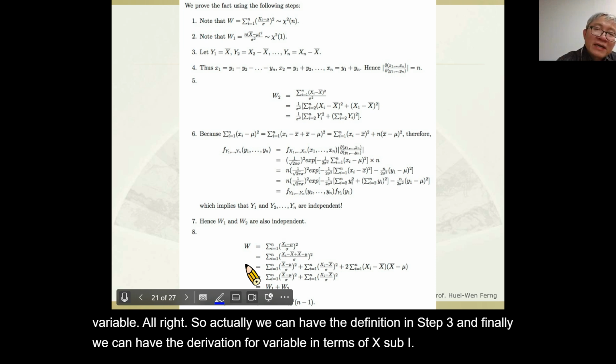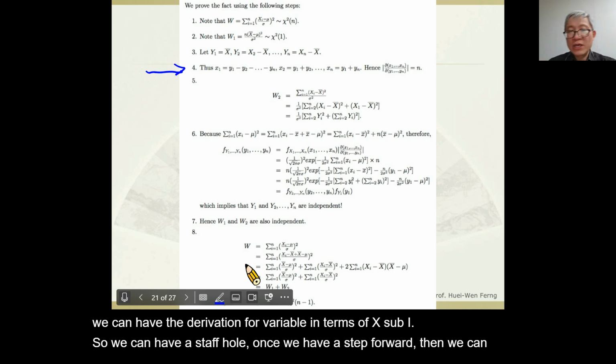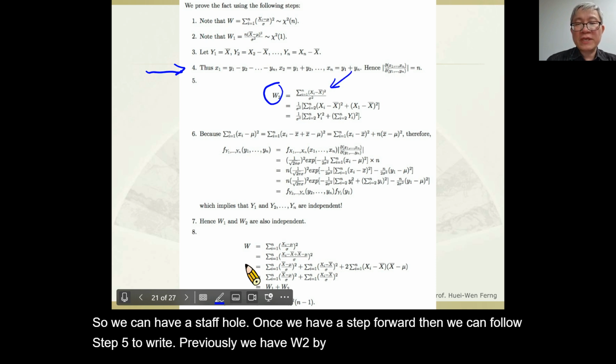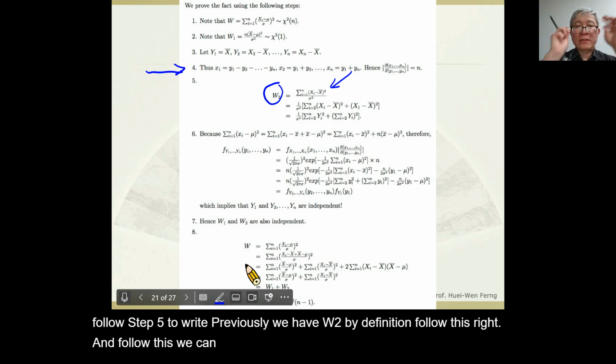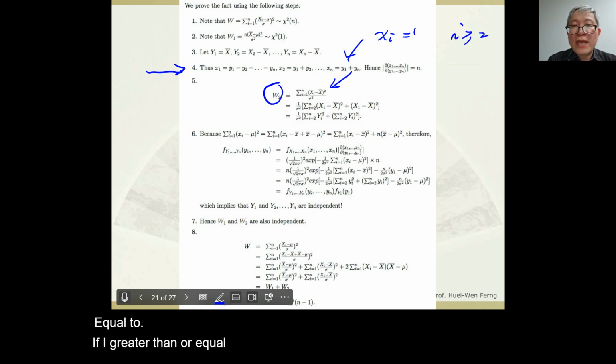So we can have step 4. Once we have step 4, we can follow step 5 to write. Previously we have W2, by definition, follow this, and following this we can rewrite. Here x sub i, if i is greater than or equal to 2, equals y1 plus yi, and y1 equals the sample mean.